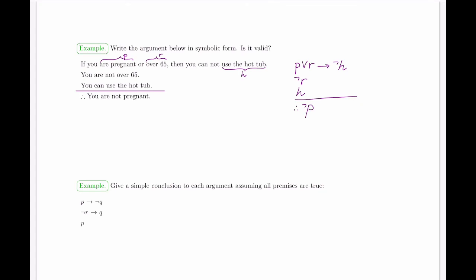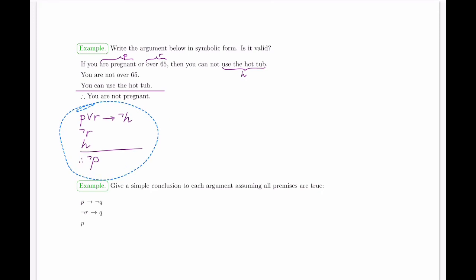Now, there are 2 ways of going about proving the validity or invalidity of this argument, and that is using rules of inference or using the truth table. I'm going to go with the rules of inference in this case, but if you would like to do a truth table instead, the method is not specified, so you can choose whatever you would like. Now, just to give myself a little bit of room to work here, let me move this around.